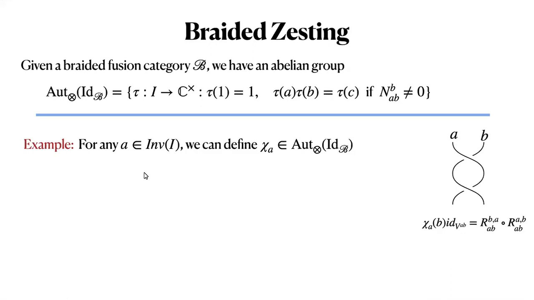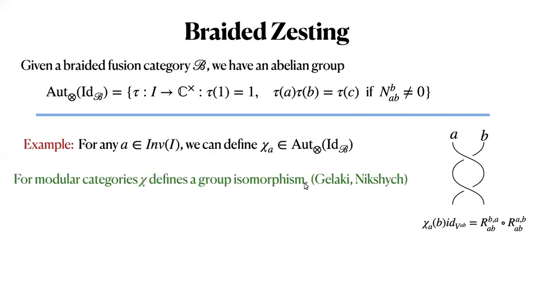One example, it's a very general example. Suppose that you have a braided category. Here I am assuming that your category is braided. So you can define for any simple object an automorphism of the identity, where the scalar associated is obtained by applying the braiding twice. Remember that the braiding is invertible, so you apply it twice, and at the end you get a scalar. This scalar will be exactly the number that you need in order to define chi.